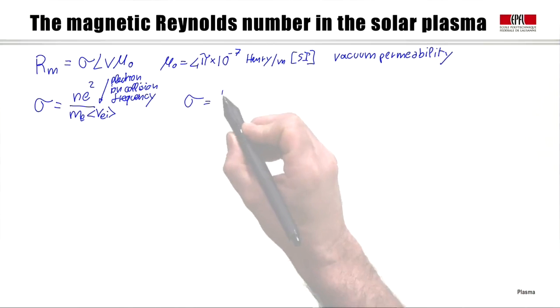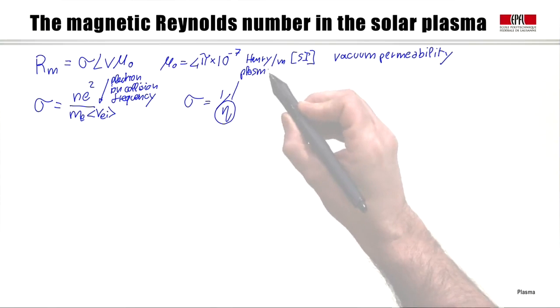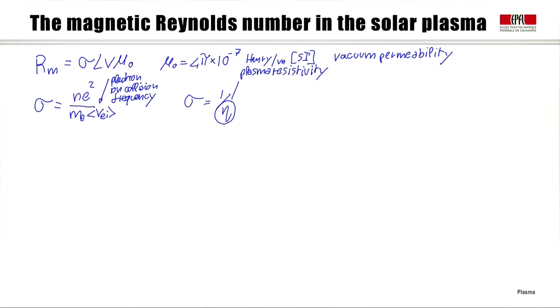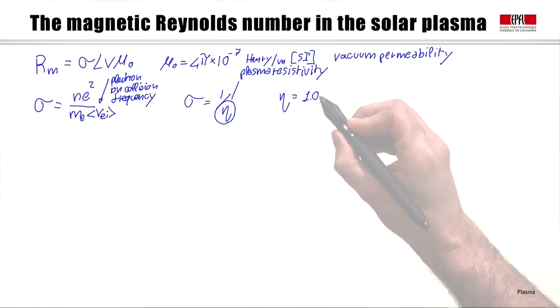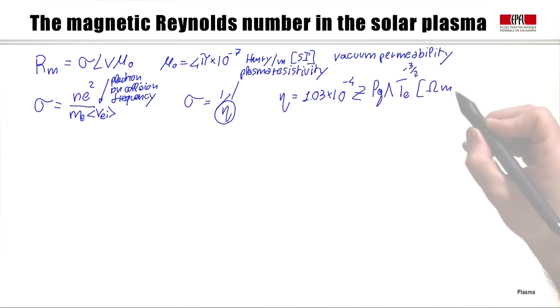We can now recall that the plasma conductivity is the inverse of the plasma resistivity, and for the plasma resistivity we can use a very useful formula in SI units as follows.